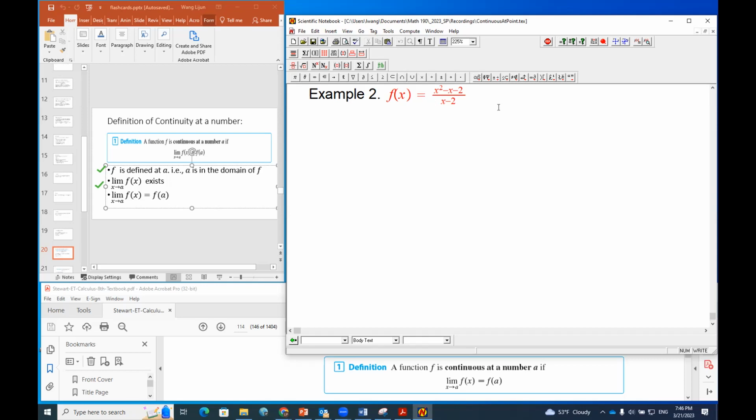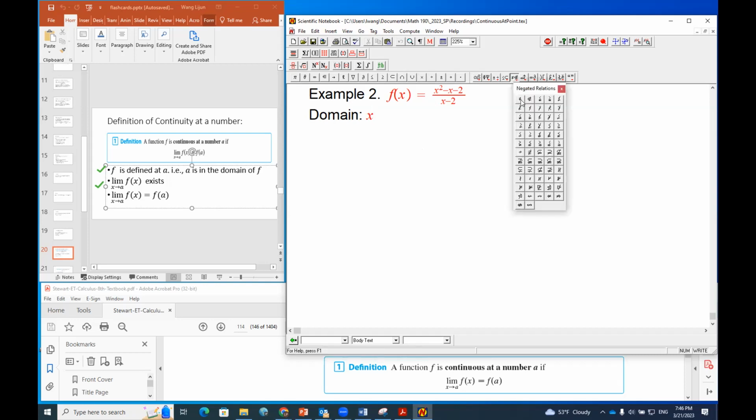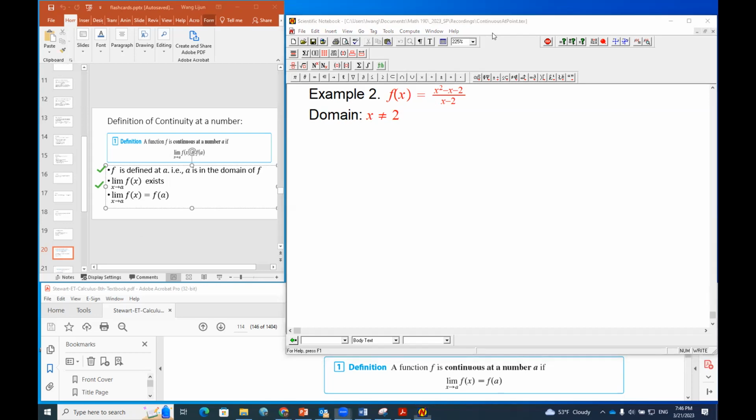The domain of this function is x cannot be 2. So 2 is not in the domain. So the first condition is not satisfied.